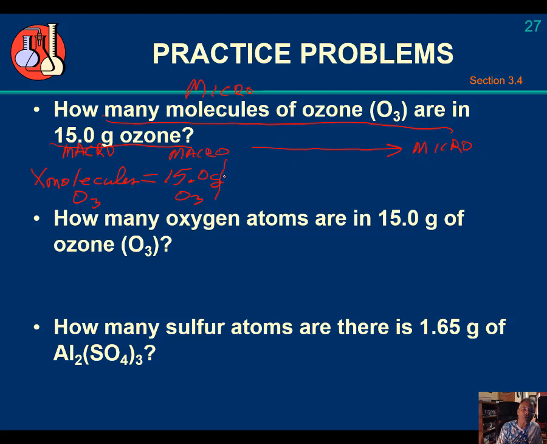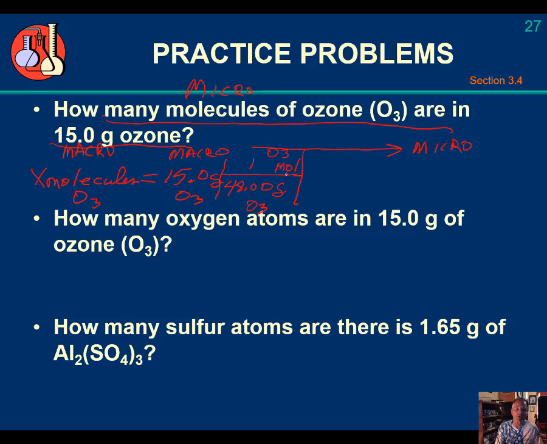The first thing you do is you convert grams to moles. Okay, so we're going to convert grams of ozone to moles of ozone. And every 1 mole of ozone, we already figured it out, is 48.00 grams. This allows us to convert the 15 grams of ozone into moles of ozone. Now, we're still in a macroscopic world. Moles is a macroscopic quantity.